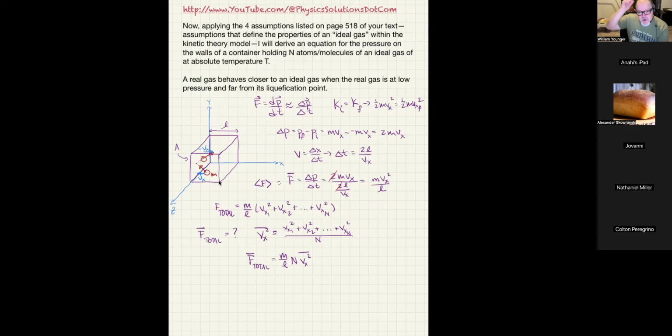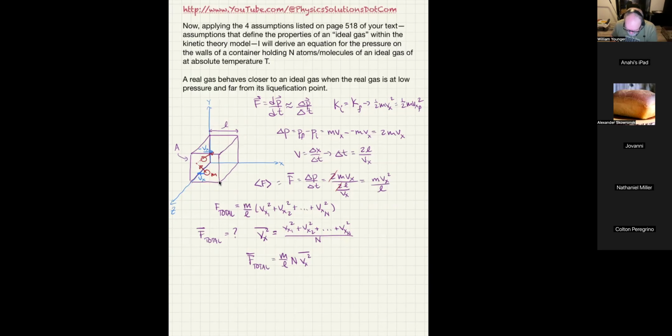Now we're almost there, but we have to do a little bit more. I can't easily do an experiment to determine the x component of velocity of the individual molecules of a gas. It would be hard enough just to figure out the average velocity, much less the x, y, or z component.